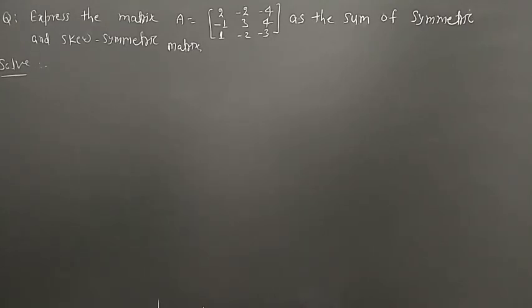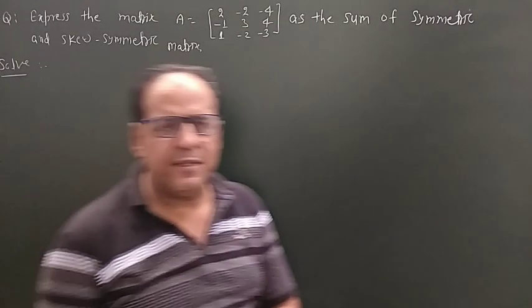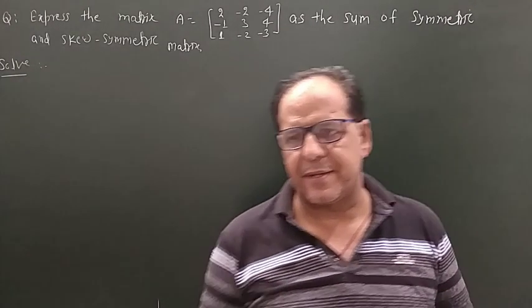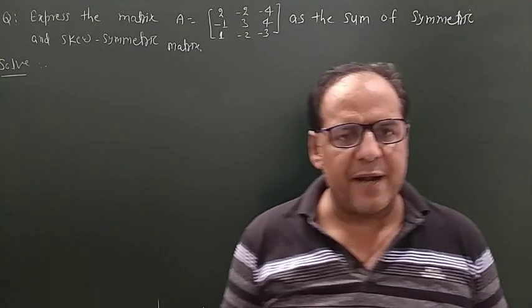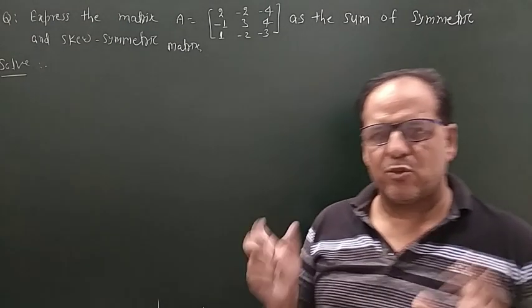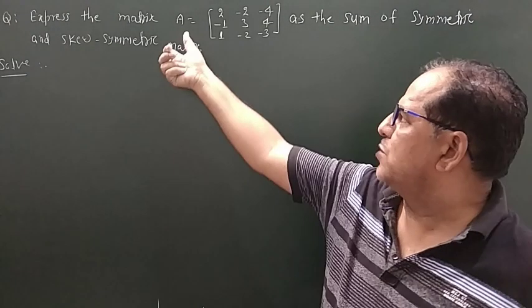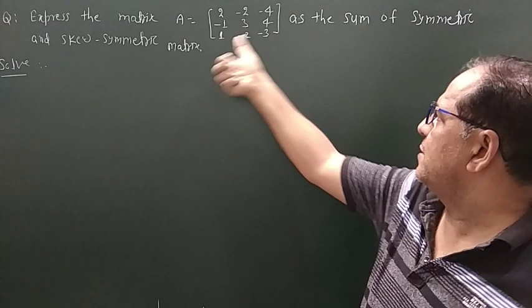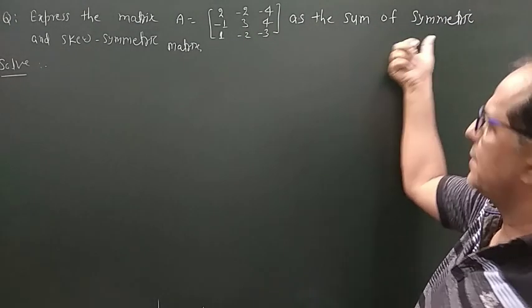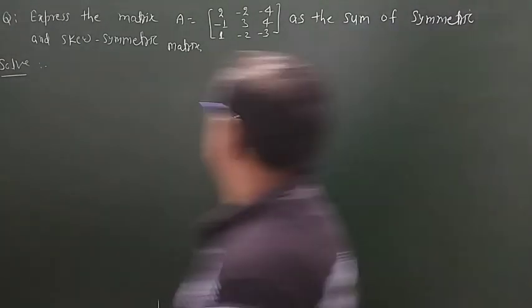Now this is another question based on the property that each square matrix can be expressed as the sum of a symmetric and a skew symmetric matrix. So here given a square matrix A, we want to split this matrix in two parts, in which one is symmetric and the other is skew symmetric matrix.